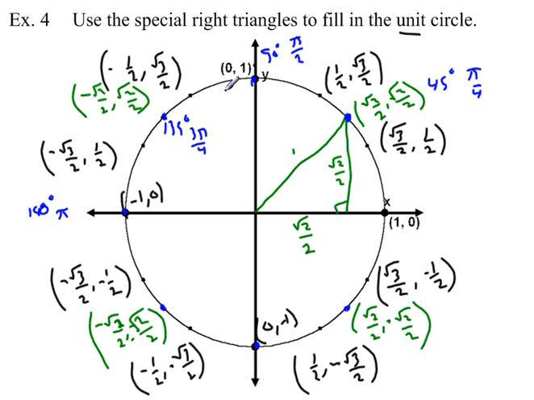So 1/4, 2/4, 3/4, 4/4. Here we have 5/4, which is the same as 225 degrees. Here we have 6/4, which is the same as 270 degrees. And down here we have 7/4 pi, which is the same as 315 degrees.